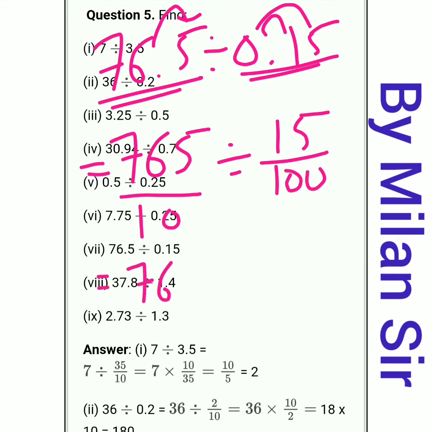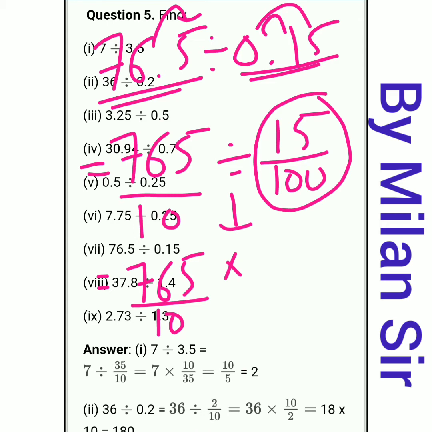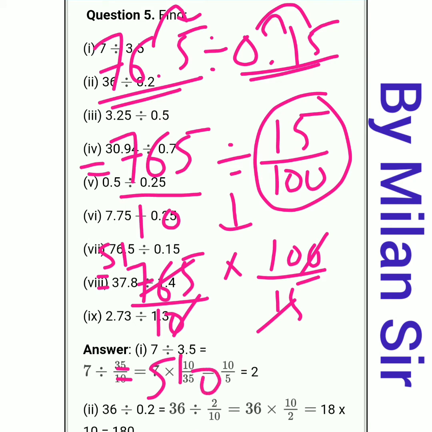Our first number remains 765 divided by 10. We convert the division into multiplication and take the reciprocal of the second number, it is 100 by 15. Now 10 cuts, 765 divided by 15 is 51, and 51 multiplied by 10 is 510. This is our final answer.